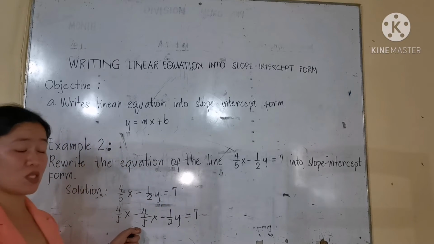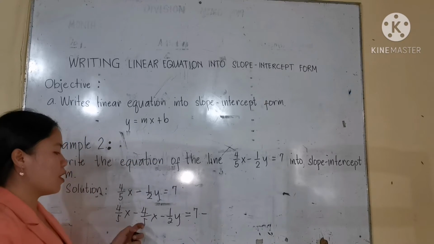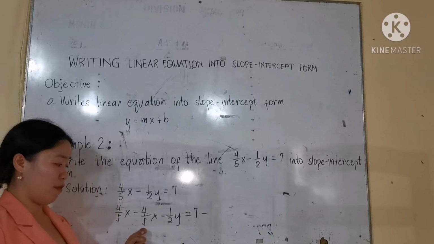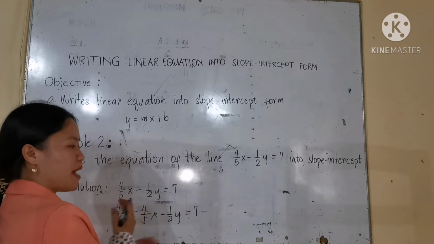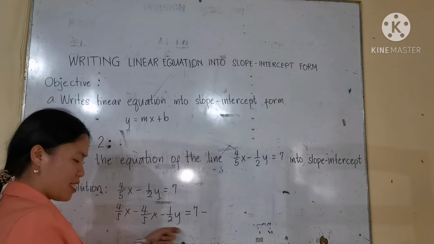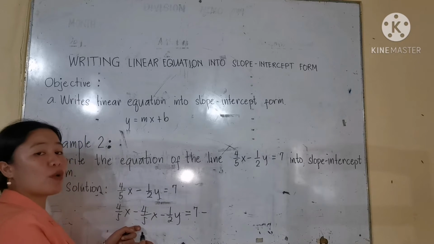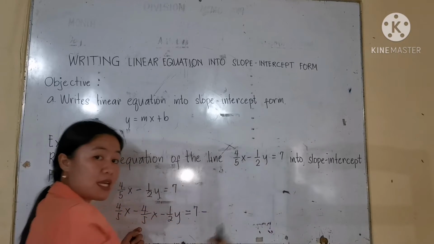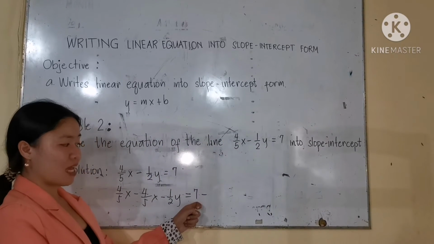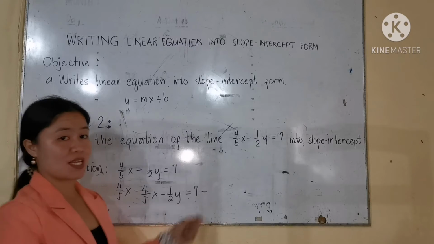Now, as I have said earlier, if you're going to add negative 4/5 x in this left side, we're also going to add negative 4/5 x on the right side. So 7 minus 4/5 x.